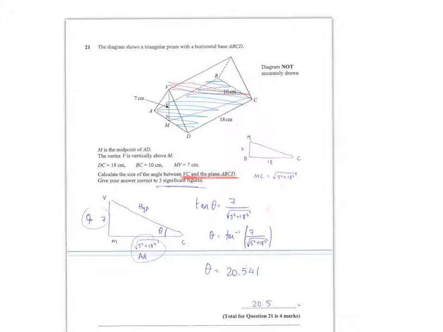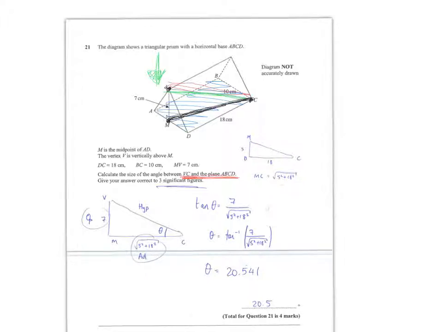If I was to shine a light perpendicular onto that plane, the shadow that VC casts onto the plane is going to be directly below it, i.e. perpendicular directly below the point V. On the plane is the point M. C is already on the plane.